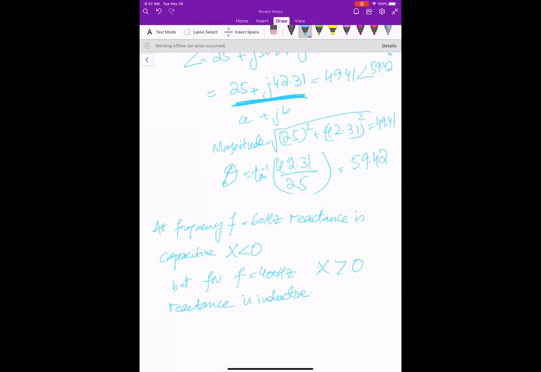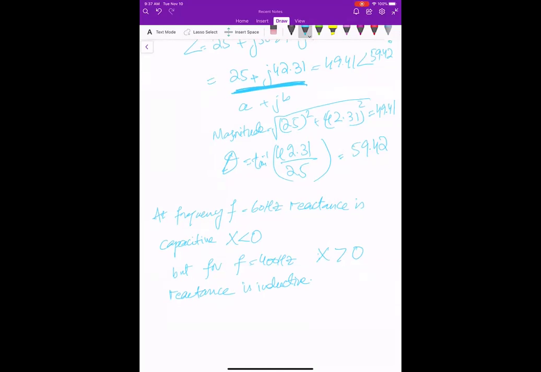The point is that if you want to measure the equivalent impedance or admittance, you should remember that you can all the time change it to the admittance and impedance. Okay.